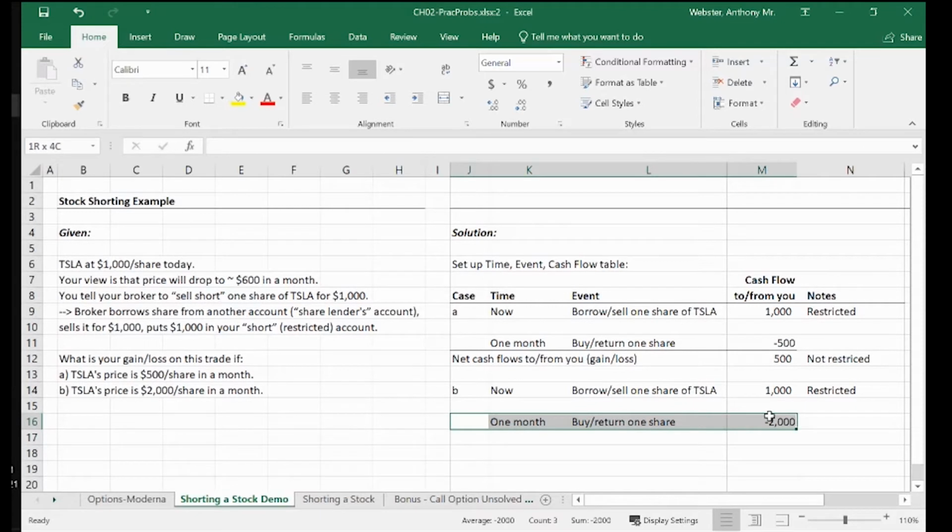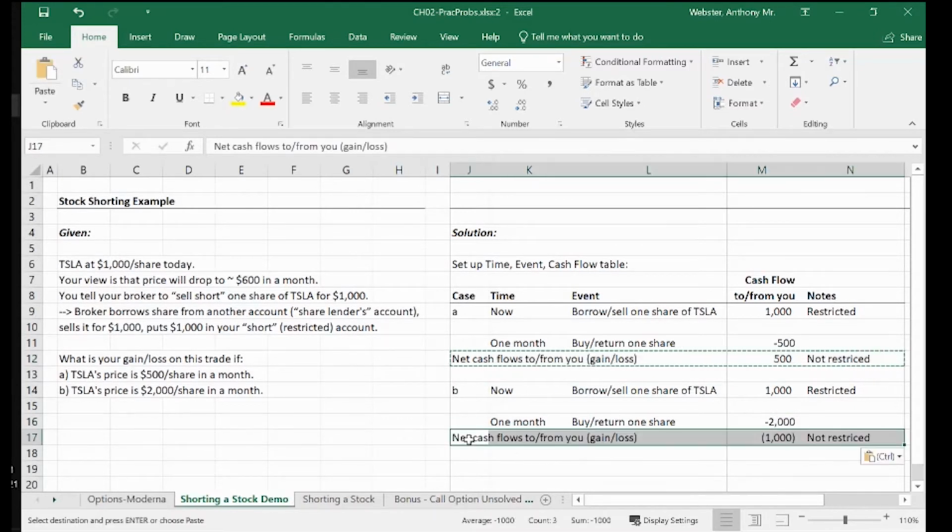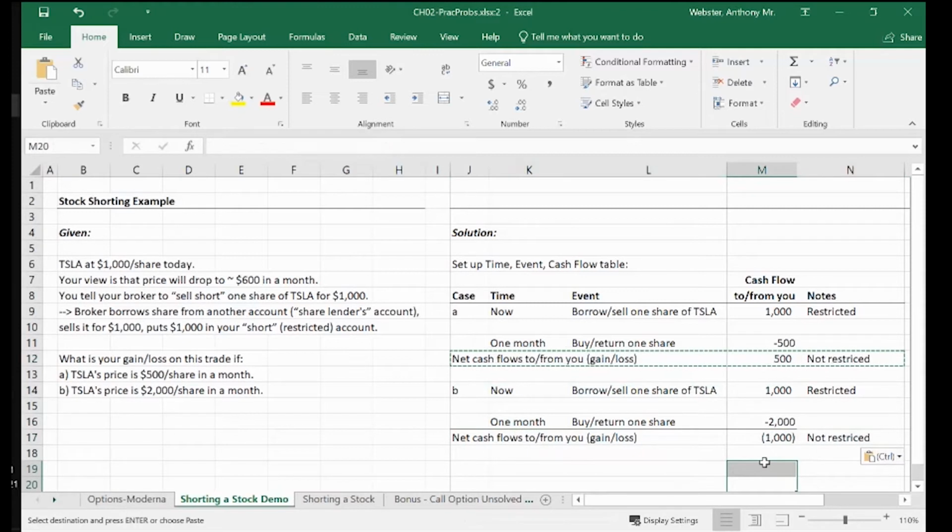So at the end of this trade, the net cash flows are going to look just like this. Oops. So you have lost a cool $1,000 on that trade. And just a quick note, the parentheses here are the exact same thing as a minus sign. Putting numbers like this is just what accountants do to designate a negative number.